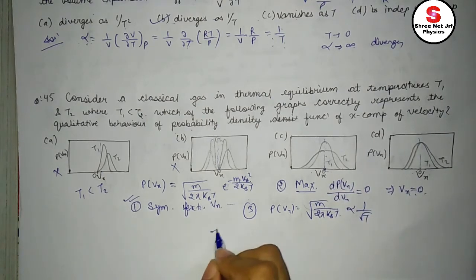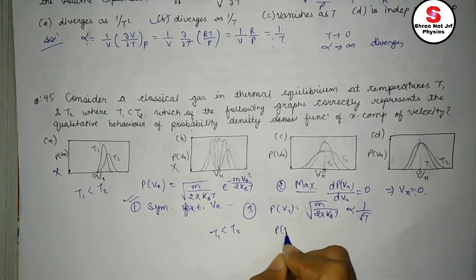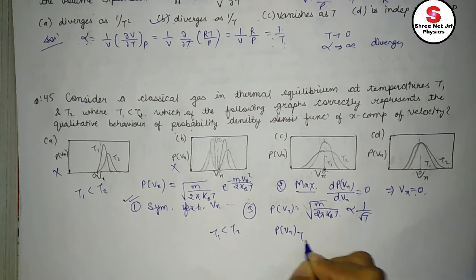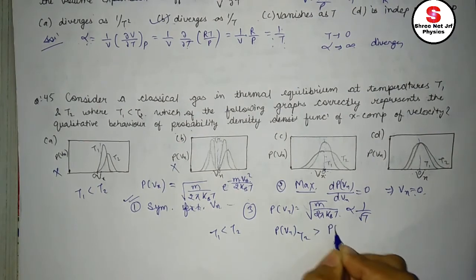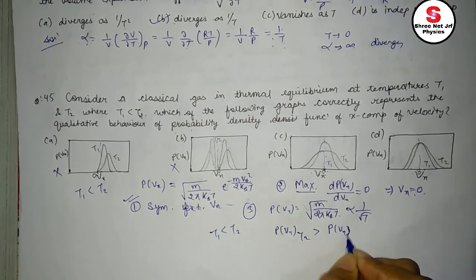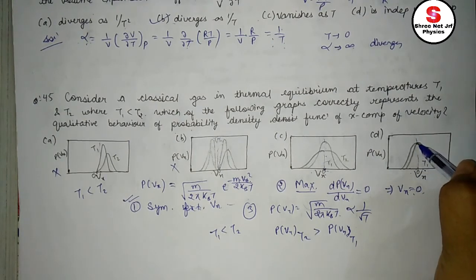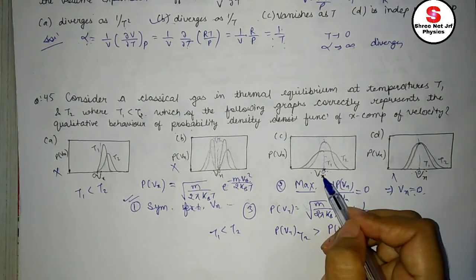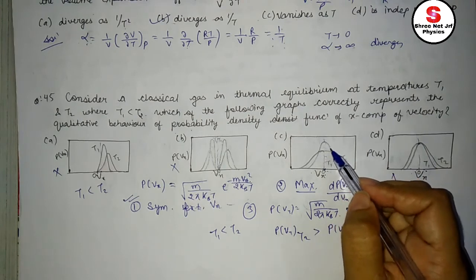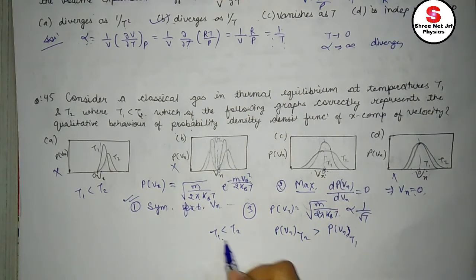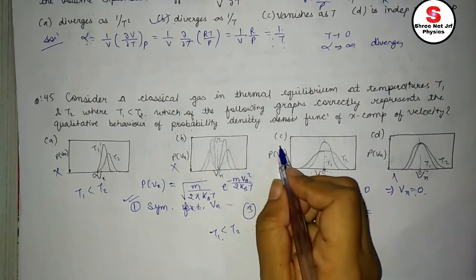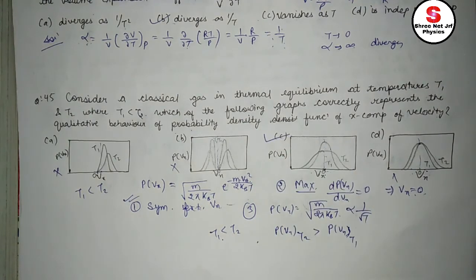Here we are given T1 is less than T2. That means P(Vx) for T1 should be greater than P(Vx) for T2. Here both have the same peak, so it is our wrong answer. And here T1 has a higher peak than T2, so it satisfies this condition also. So C is our right option.